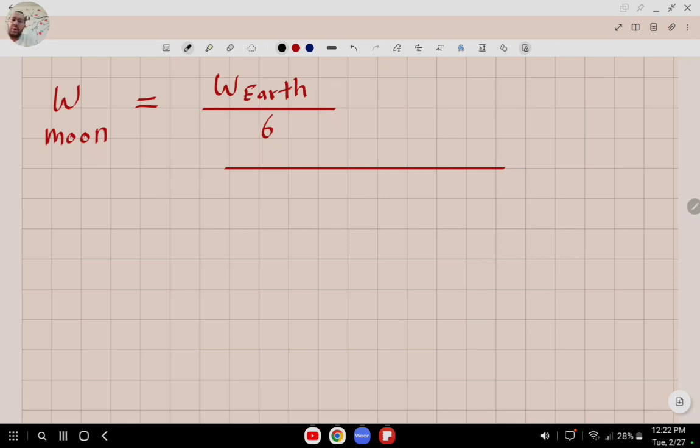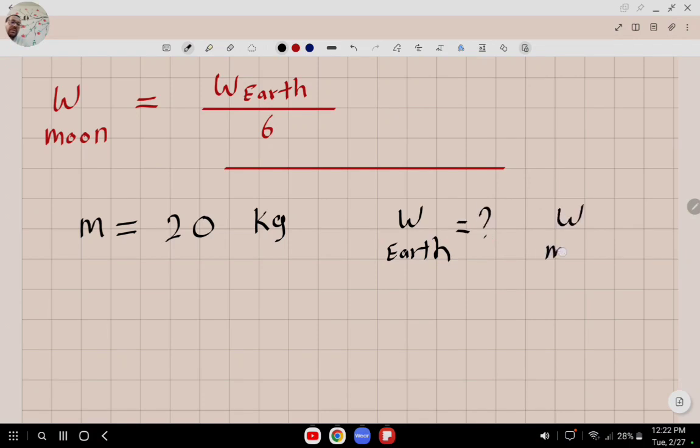Let's start with a small example. Imagine you have an object, its mass equals 20 kilogram, and we want to find its weight on earth and also its weight on moon.